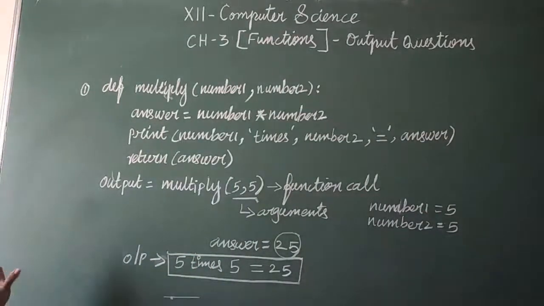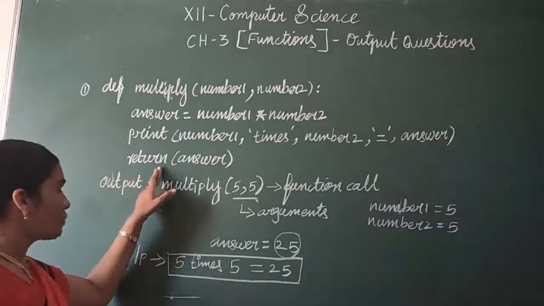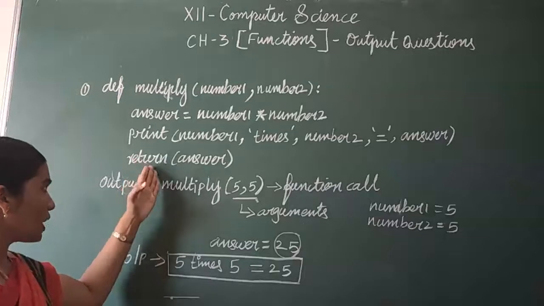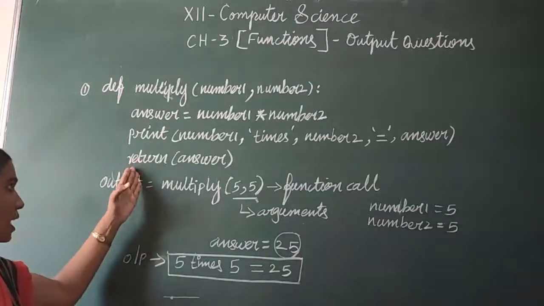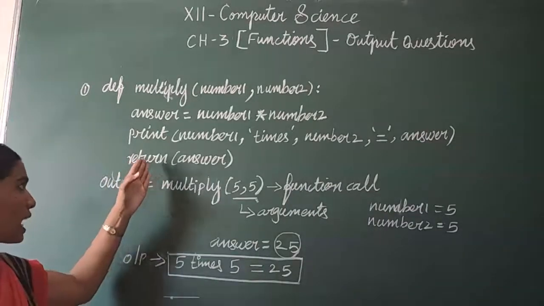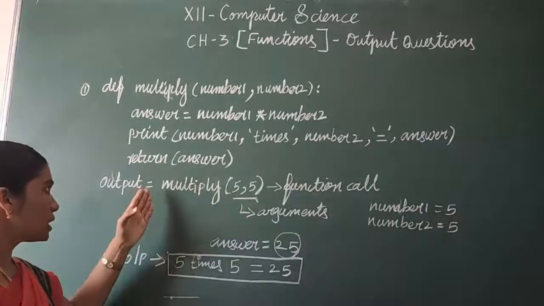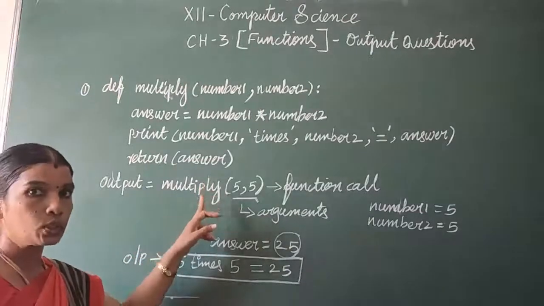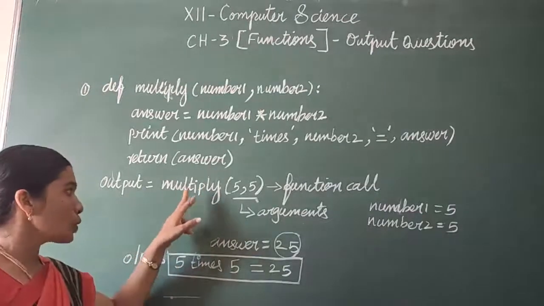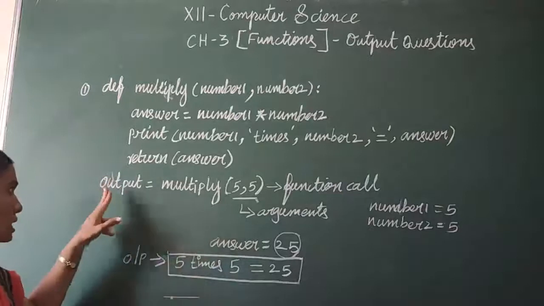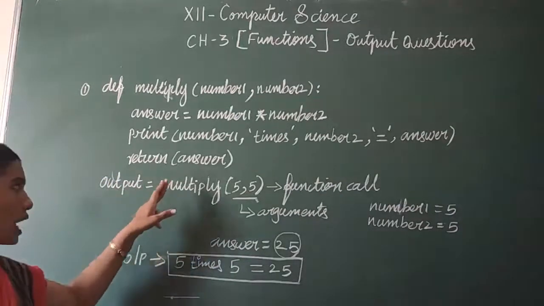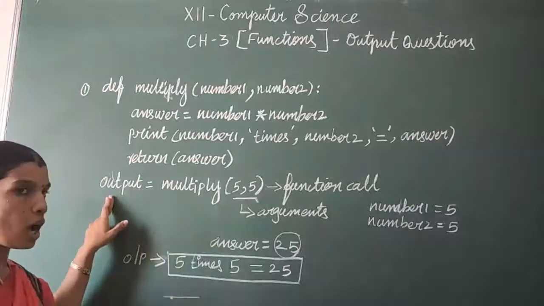After that, we have used the return statement. What will happen with the return statement? Immediately the answer value is returned again to the function call. That value is assigned to the variable output.